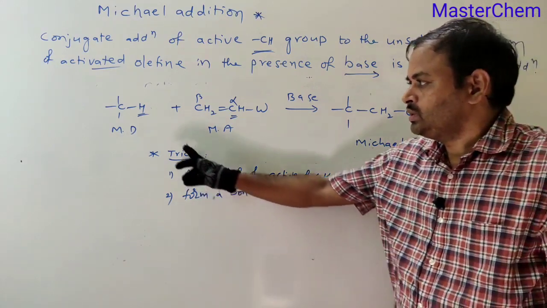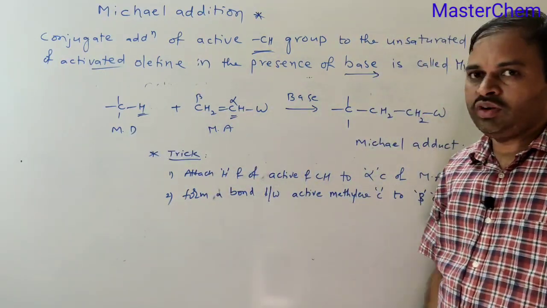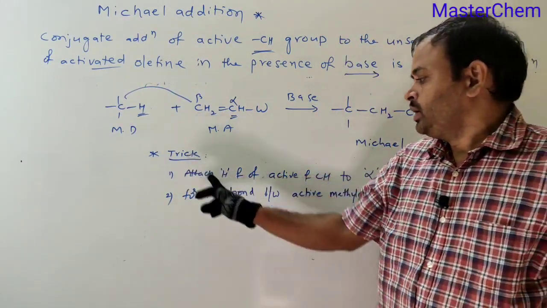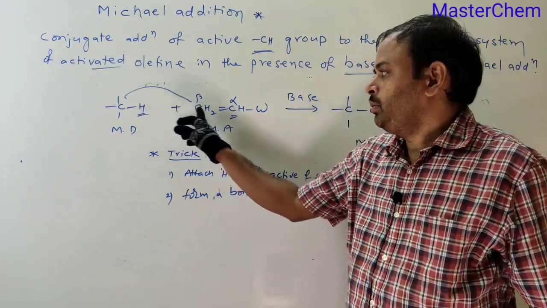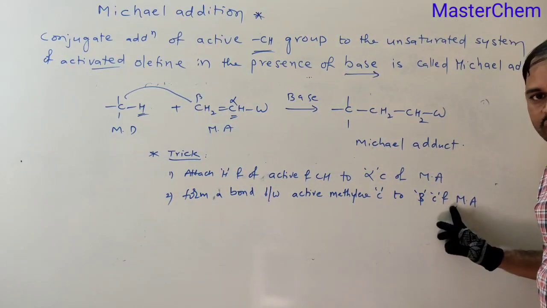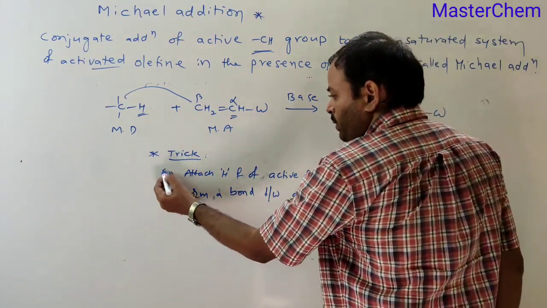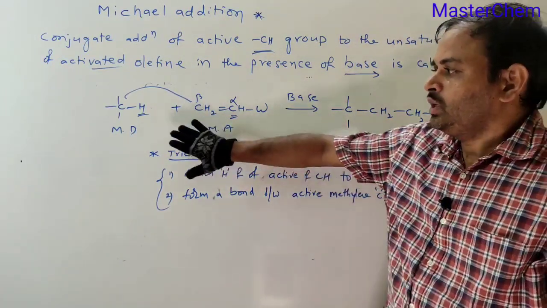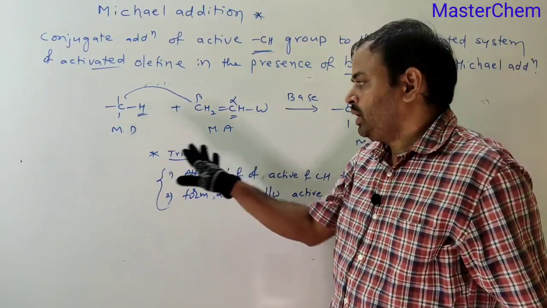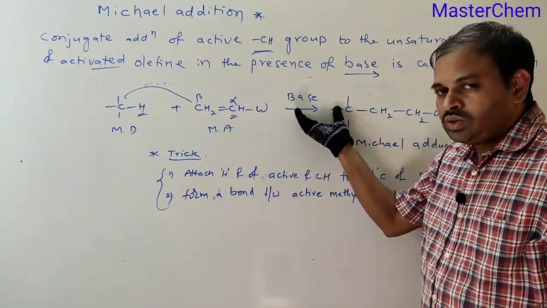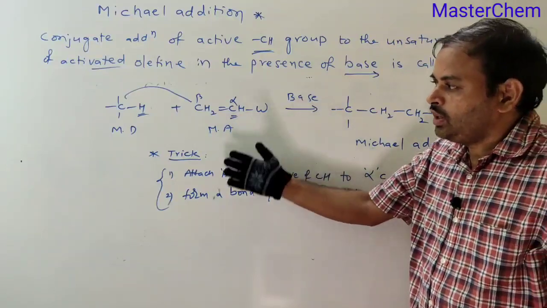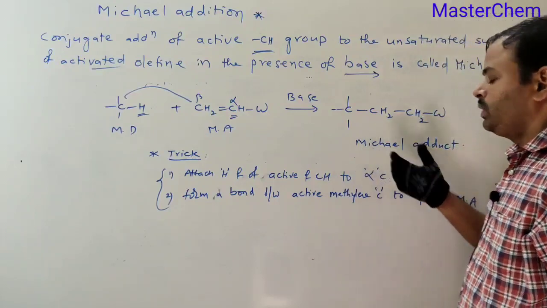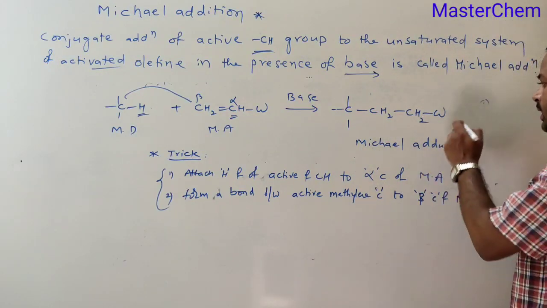Okay, these two points: attach the hydrogen on the alpha carbon and form a bond between these two carbons, the active methylene carbon and the beta carbon of the Michael acceptor. If you remember these two points, for any Michael donor and Michael acceptor, there are many examples of Michael donors, Michael acceptors, and also different types of bases. Whatever they may be, if you remember these two points, you can write the Michael adduct directly.